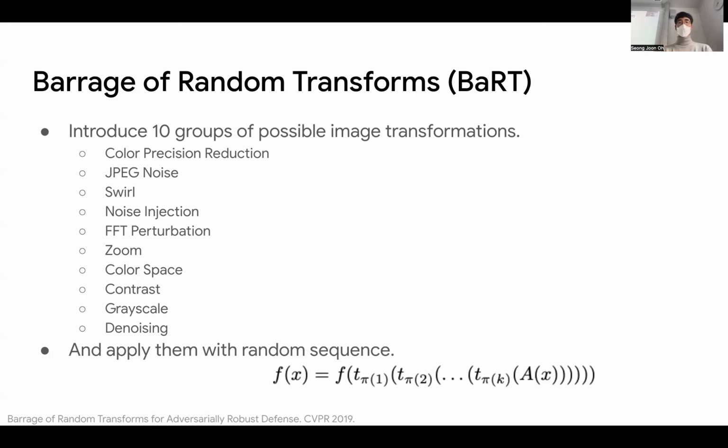So that really generates an exponential number of possibilities without changing the real content of the image. Even after all these transformations, your model can still recognize the objects pretty well. But the sheer number of possibilities makes it hard for the attacker to prepare against all kinds of defenses.